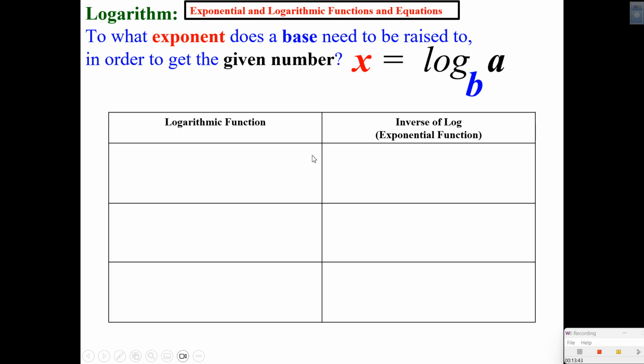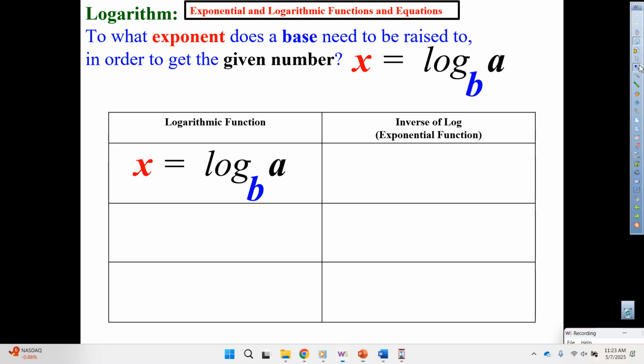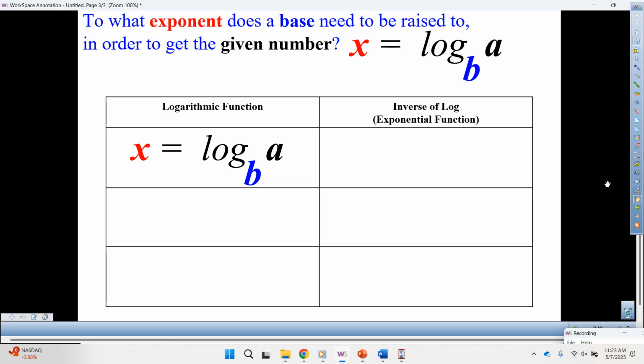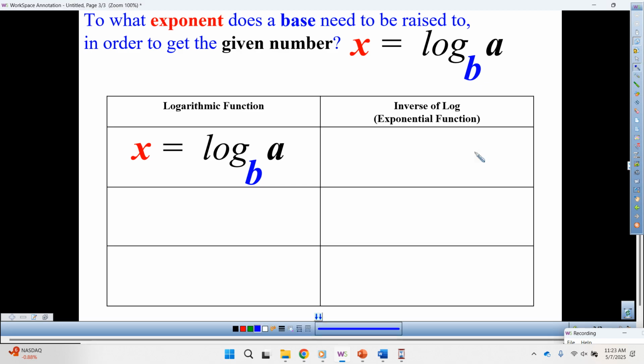All right? So on the left side, let's start off with this one. X equals log base B of A. All right? So here we go. Look up, please.